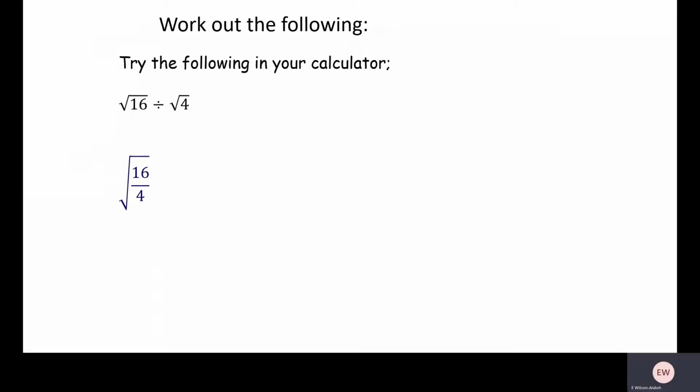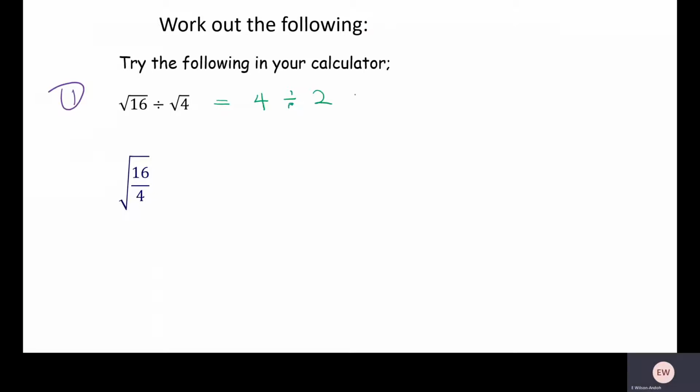Let's look at the two questions on the screen. We are asked to work out, for the first one, root 16 divided by root 4. And this will give us 4 divided by 2, because 16 is a square number, so the square root of that will give us 4, and 4 is a square number, the square root of that will give us 2.